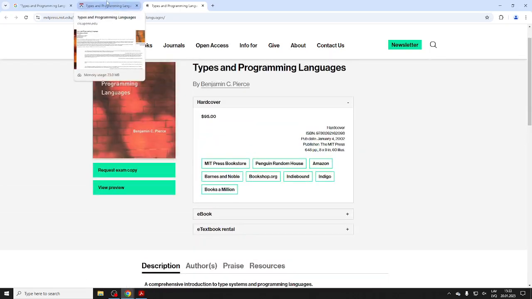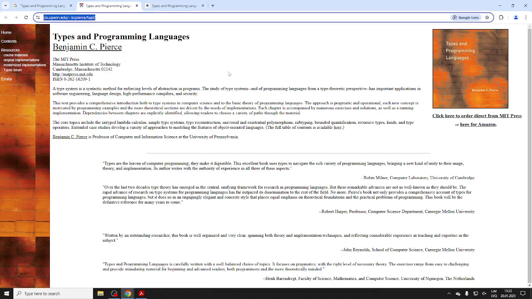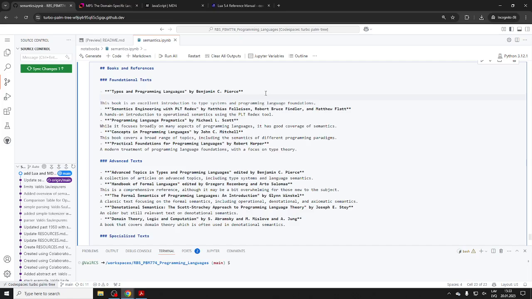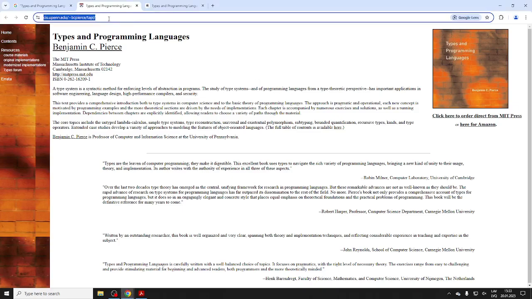Alright. Let me add the link to this one. This is a good one. I wish we had this here. The book, Types and Programming Languages. Yeah, this is it, the correct link.